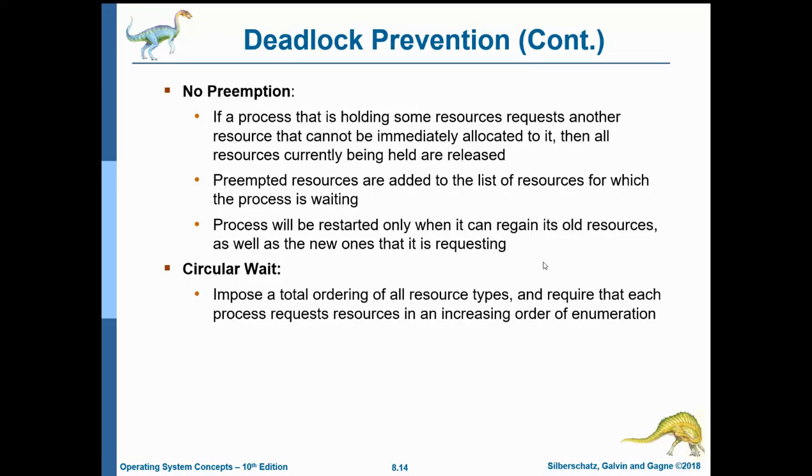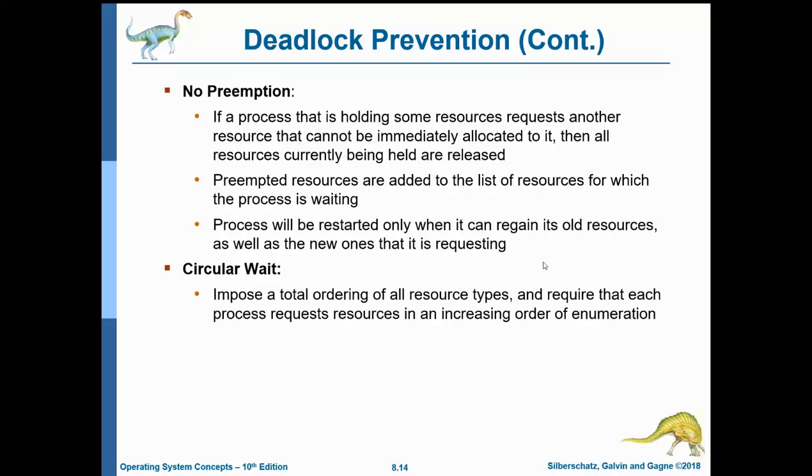Okay, then the fourth one is circular wait. Macam mana dia prevent circular wait? The fourth condition for deadlock is the circular wait condition. One way to ensure that this condition never holds is to impose a total ordering of all resource types and to require that each process requests resources in increasing order of enumeration.